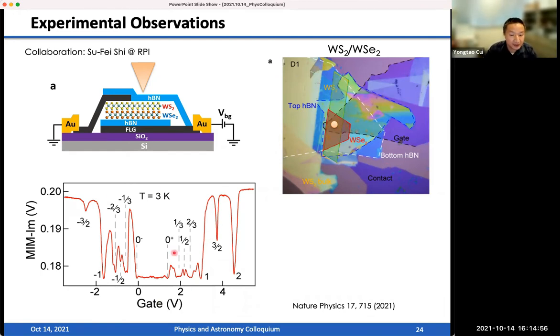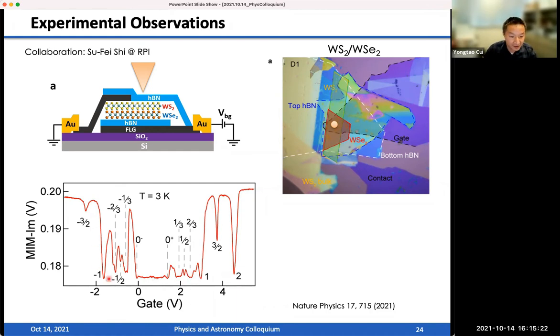Okay, so come back to our data. We are measuring the conductivity, so you can interpret this signal as the local conductivity. Whenever you see a dip there, we know that corresponds to a locally insulating behavior because it's a low conductivity. In this case, we tune our gate both to the negative side, which will induce holes, and also the positive side, which will induce electrons in the system.